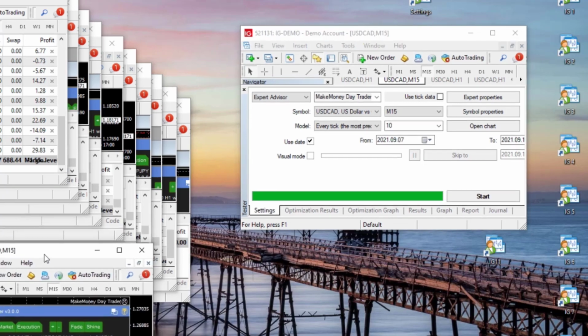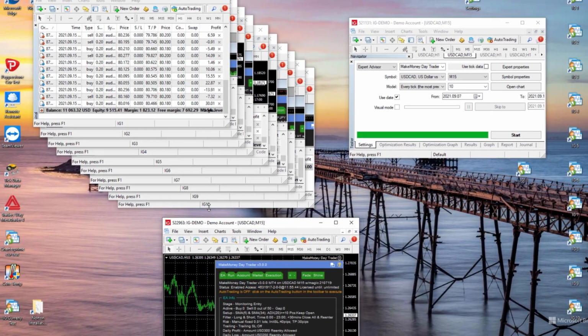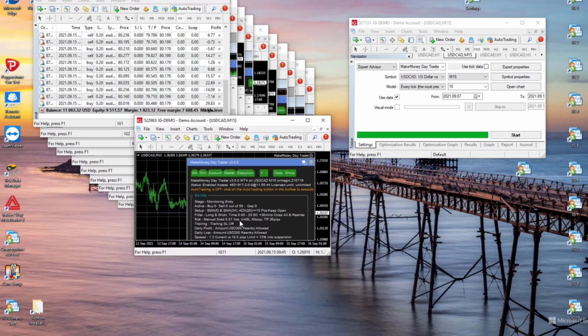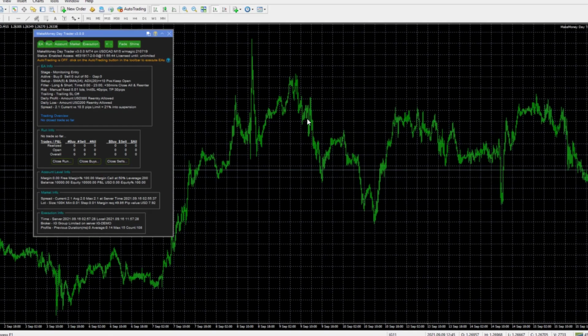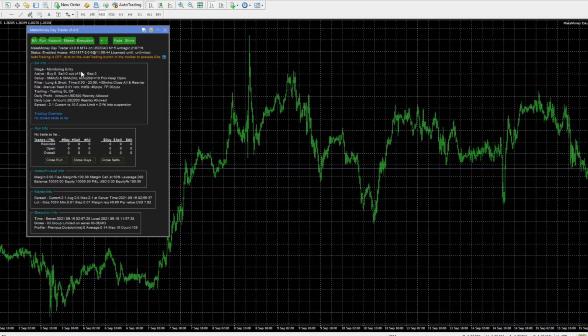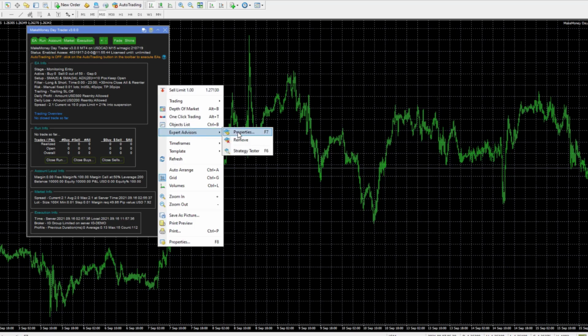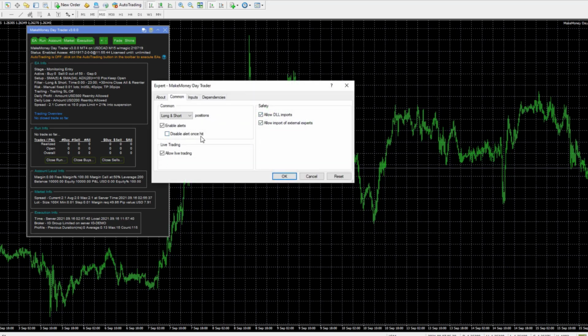What I've done is I've opened a new platform called IG11, and it has the make money EA running on it. And what I now do is I right click properties and I make sure that's clicked.